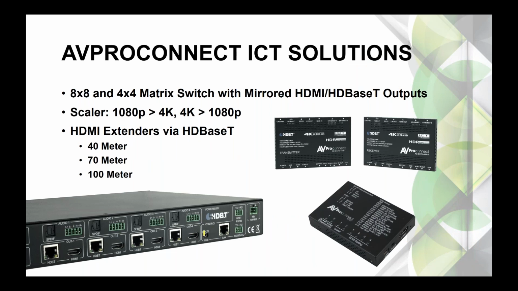On to matrix switches that output directly 444 through HDBaseT ports. If you look here, on each output, and this is a 4x4 model, we have HDBaseT and HDMI. When used in conjunction with one of the 444 receivers, you can do the full 18 gig.